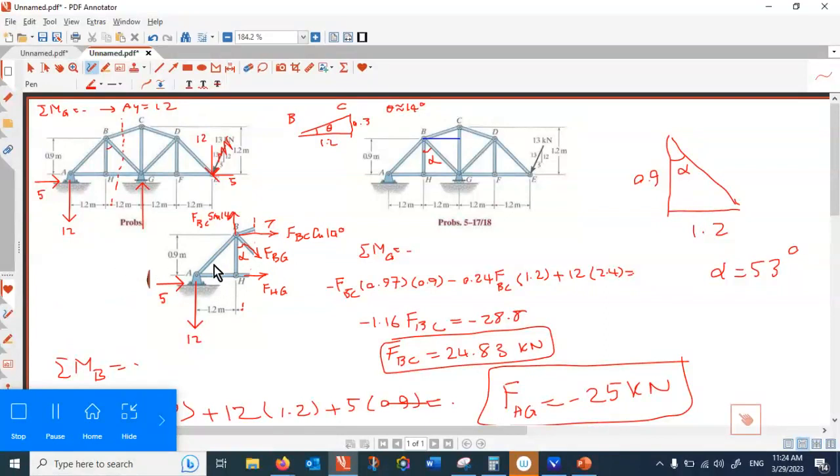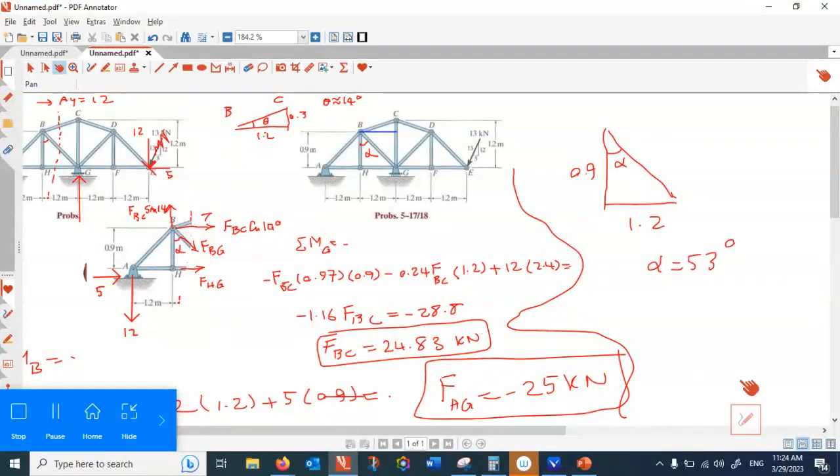We can apply the net forces horizontally equal to 0. So net forces horizontally equal to 0, that is FBC cos 14.